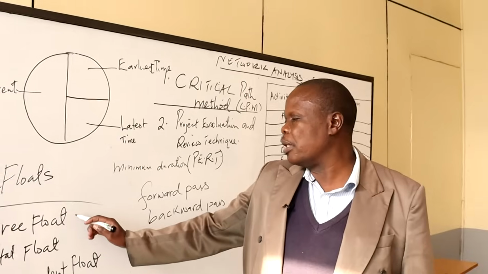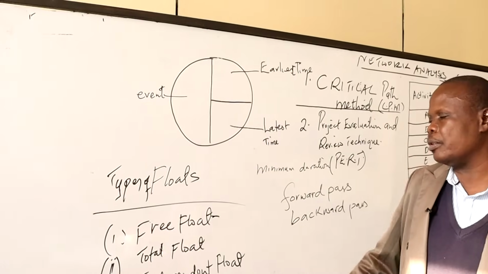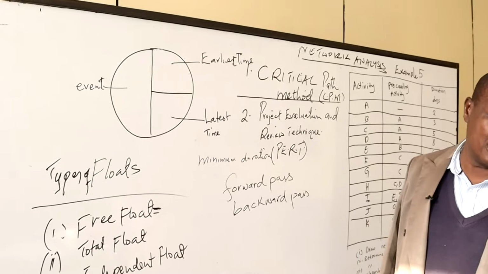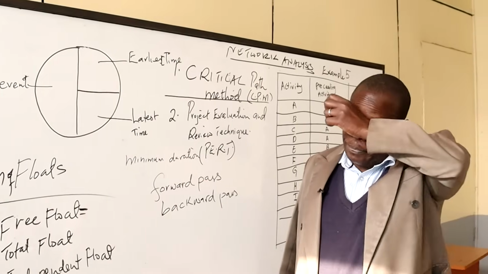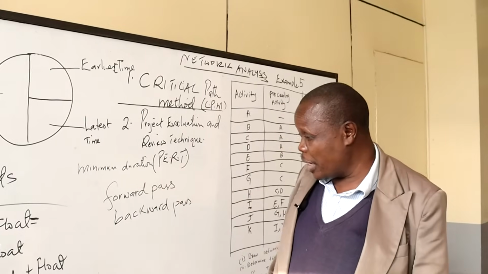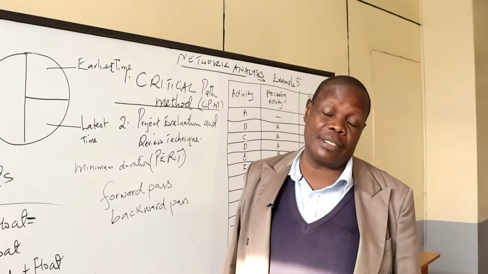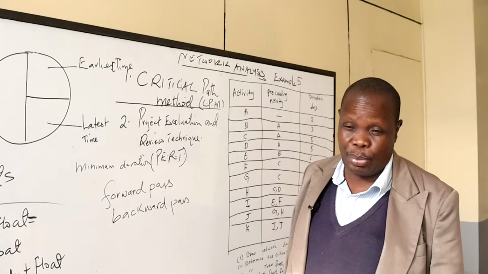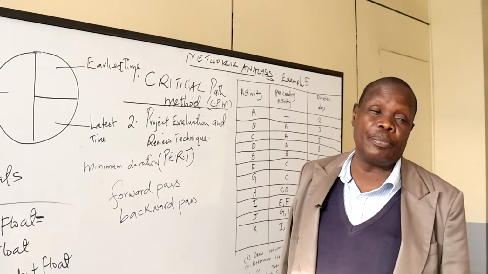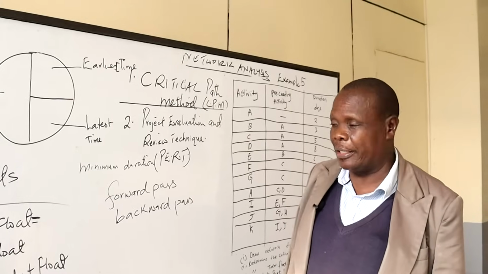Let me tell you how to calculate this free float. Because I had said free float is only calculated, like any other float, on activities which do not exist along the critical path. Those are the activities which have spare time in project management or project planning.